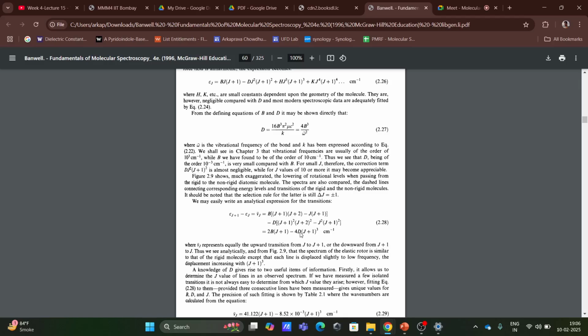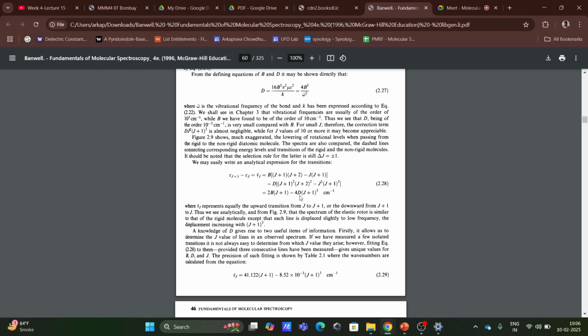But this term will be significant. First of all, D is very, very small, smaller than B. This will decrease your difference between the energies when the value of J is very high. When J is like 0, 1, 2, 3, 4, it will not affect much. When the value of J is significant, the difference in energy will decrease much compared to the rigid rotor.